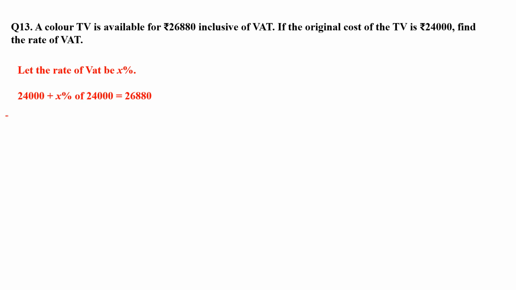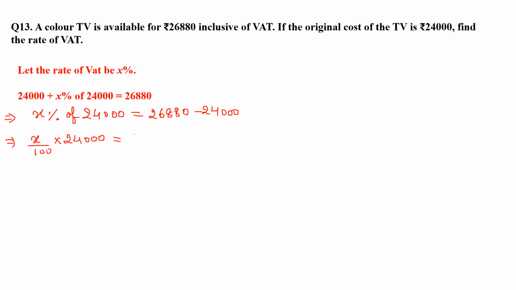So first I'm going to transpose this 24,000 to the other side. So it will become X% of 24,000 equal to 26,880 minus 24,000. Okay. And now X% means X by 100 into 24,000.